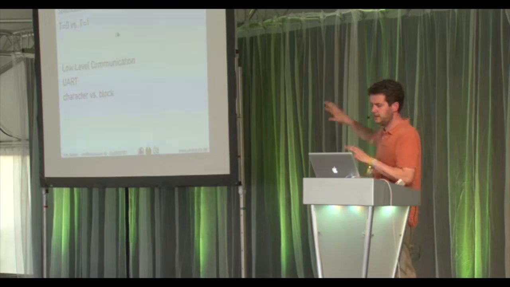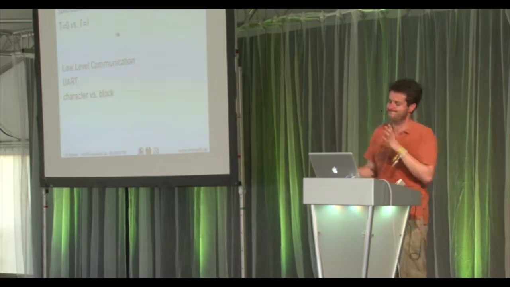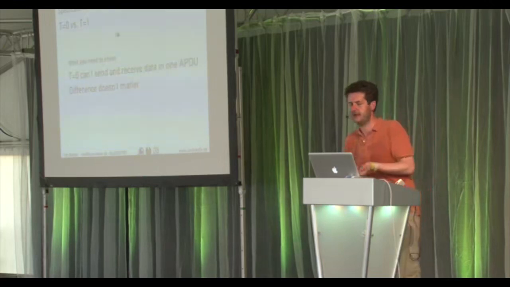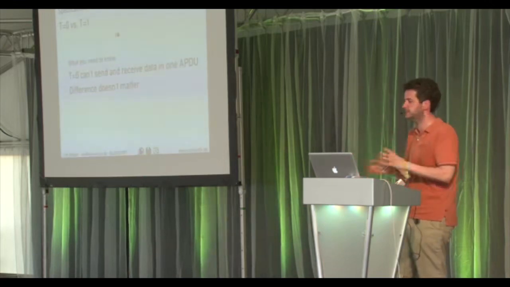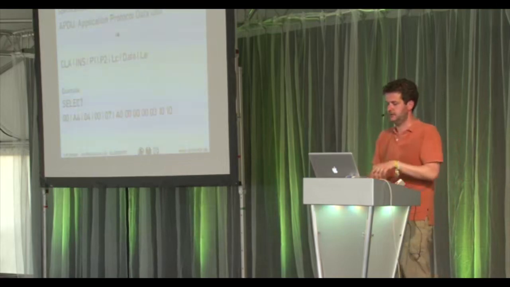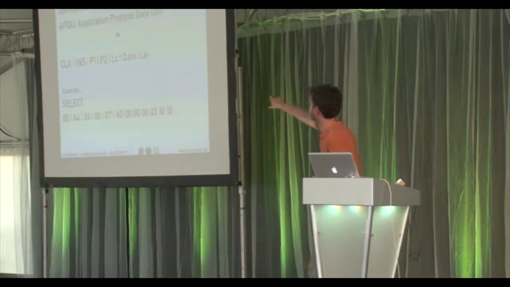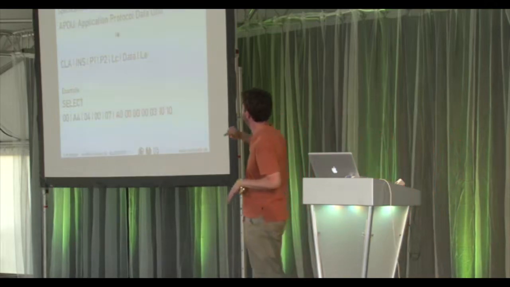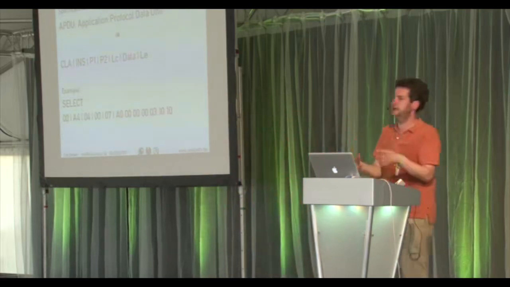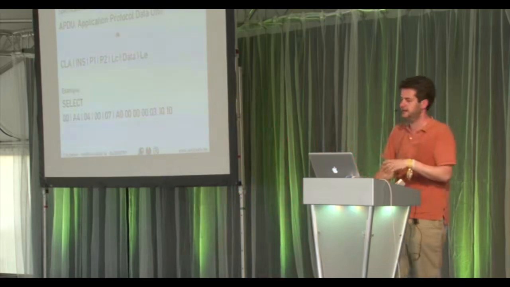The T0 versus T1 is fairly irrelevant. The main difference that you would have, and sometimes you have to program it and sometimes you don't, is that you have this LC byte and you have an LE byte. If you expect data back from the card, you would add this LE byte. But in T0, you can't both send data to the card and tell it to send you data back.